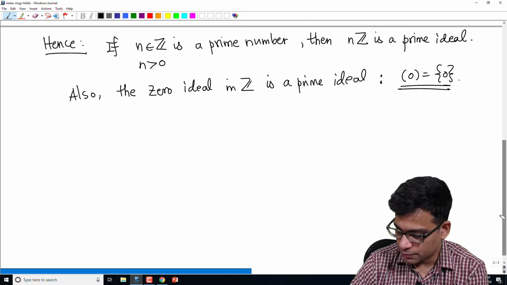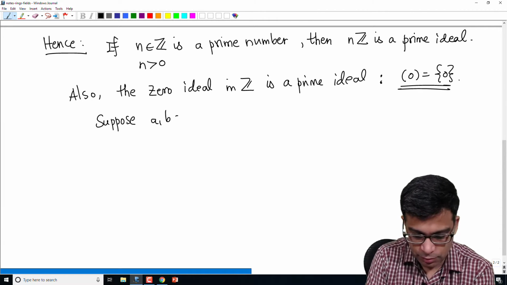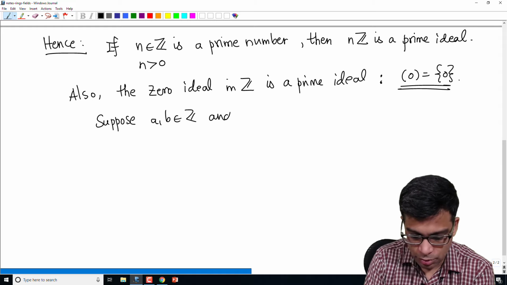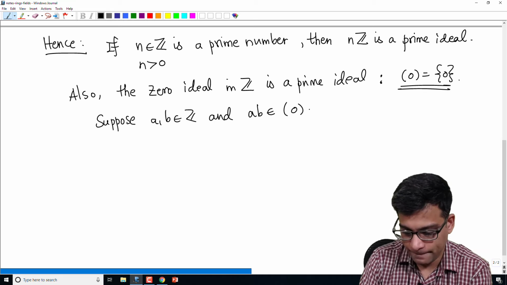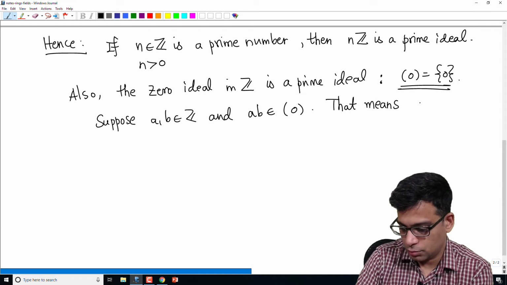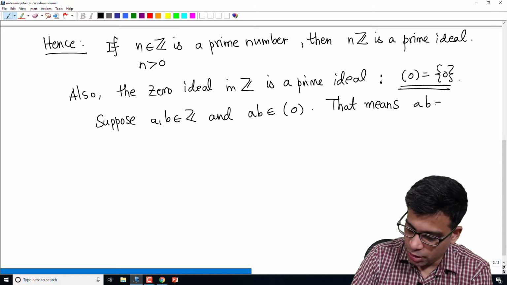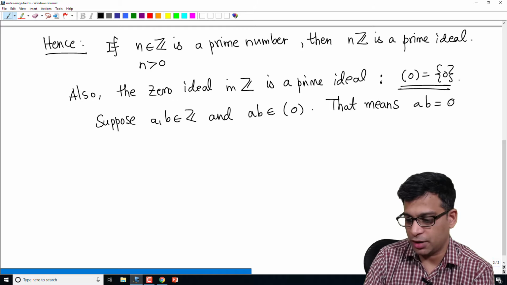What you need to do is, suppose a and b are integers and that ab belongs to the ideal 0. That means ab equals 0, because there is only one element in the ideal generated by 0, so ab is equal to 0.